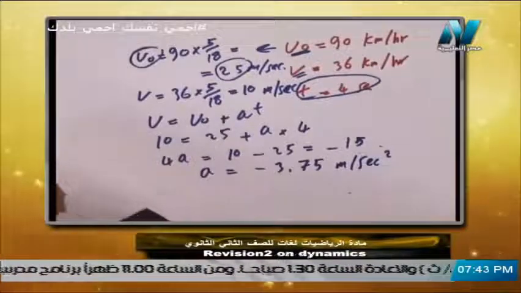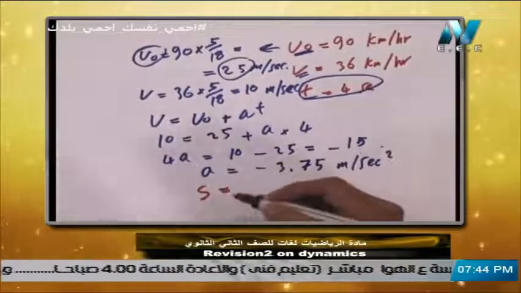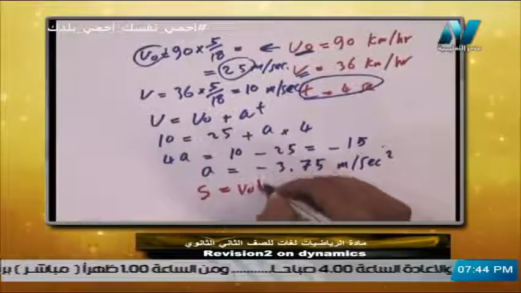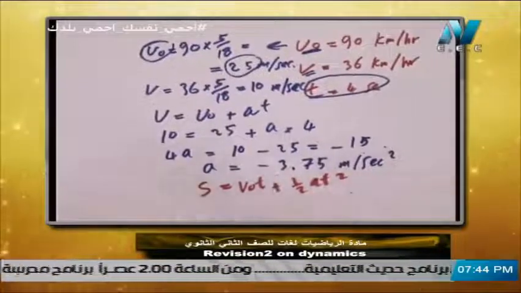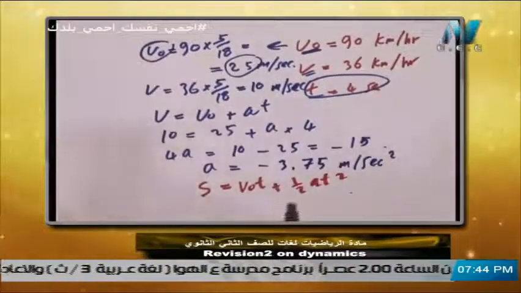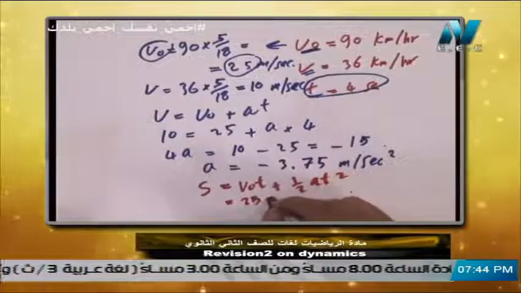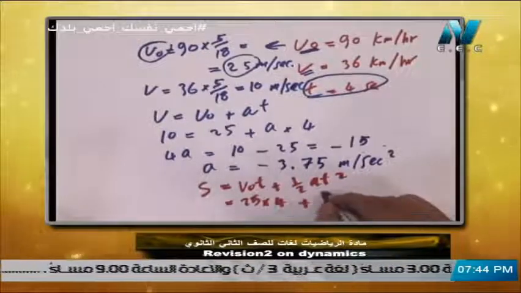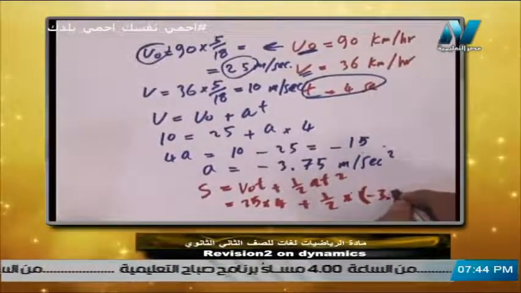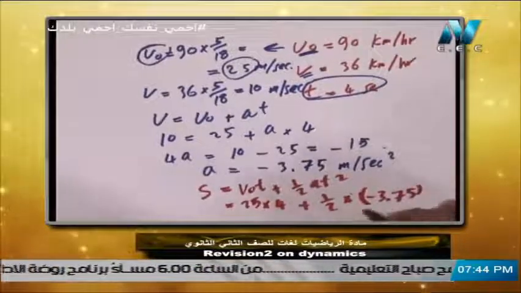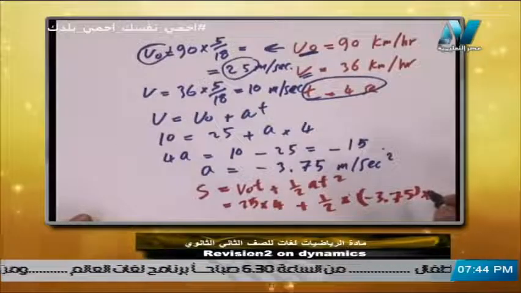Then by applying the rule, which is S equals V naught t plus half A t power 2, to find S, V naught t equals 25 times 4, where t equals 4 seconds, plus half times A, which is negative 3.75, multiplied by t power 2, which is 4 power 2.